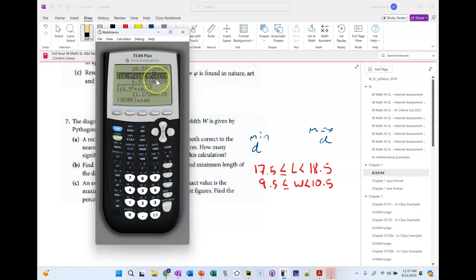So I did the square root of 18.5 squared plus 10.5 squared minus the square root of 17.5 squared plus 9.5 squared, and just looked at the difference of those, because I think that is the maximum measurement for D. And the minimum measurement for D would be, okay, what's the biggest that W could have been, and the biggest that L could have been, and the smallest, and that's how you get the minimum and maximum values for D.